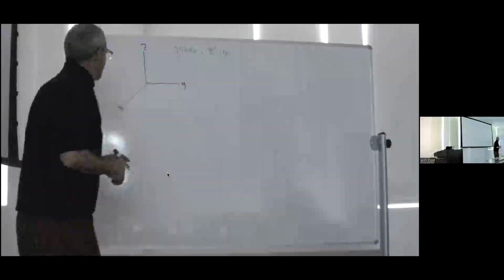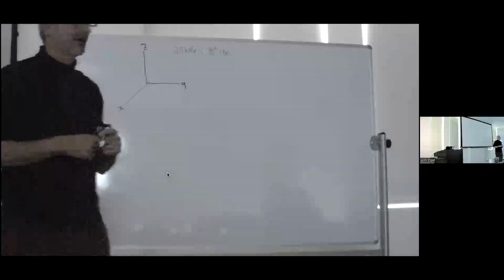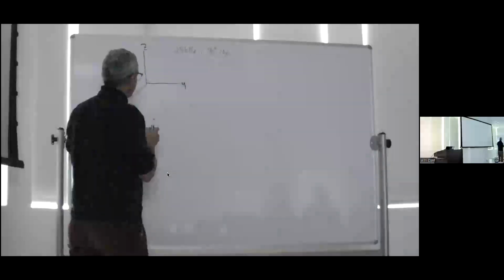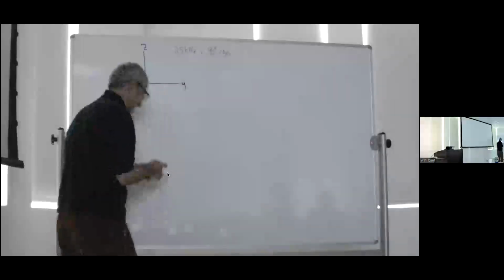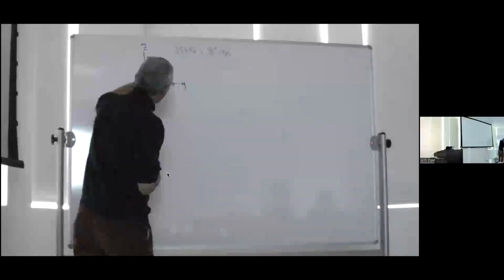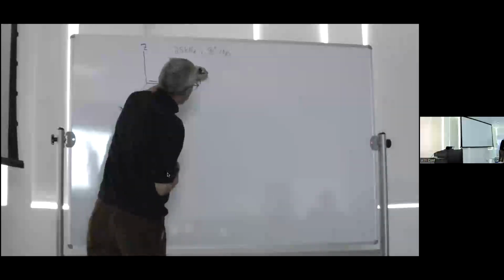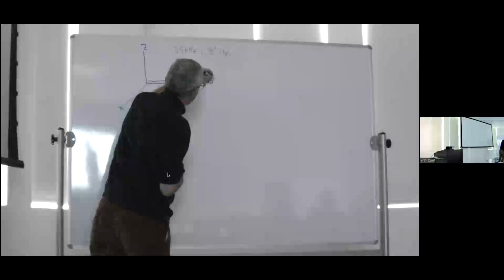But the spin we're interested in now is 3.2 kilohertz off resonance. So Y phase means here is the B1. So we have the B1 field, omega 1 is 25 kilohertz.